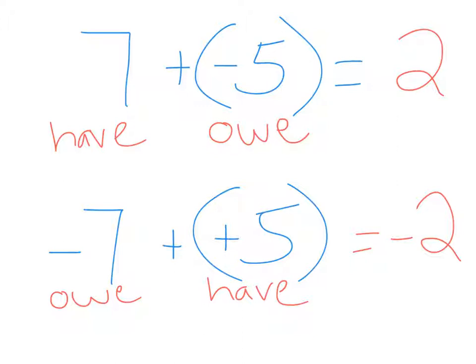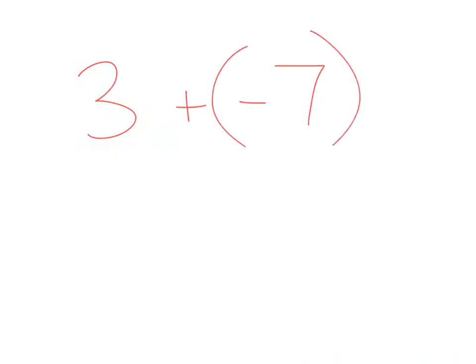In any case, it doesn't matter which order they come in. If I have a smaller integer in front, so let's say I have positive 3 plus negative 7. Because they're opposite signs, my 3 is positive and my 7 is negative, so I have to think of my opposite signs rule.